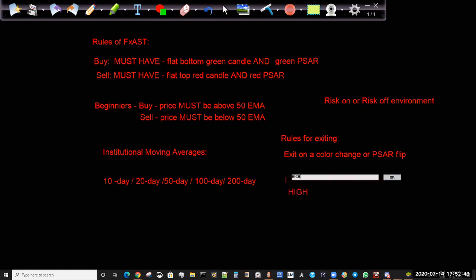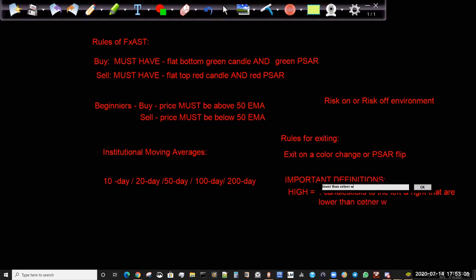You've got to know the definition of a high. A high is 2 candlesticks to the left and right that are lower than the center wick body high. And we'll look at some stuff on the chart in a second.